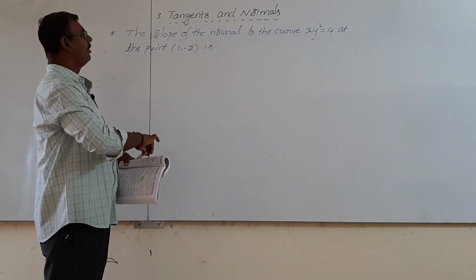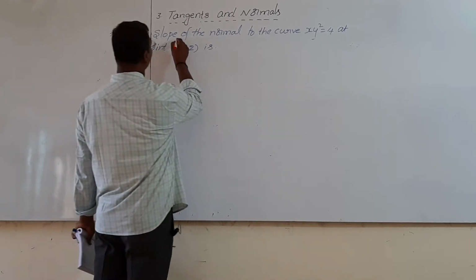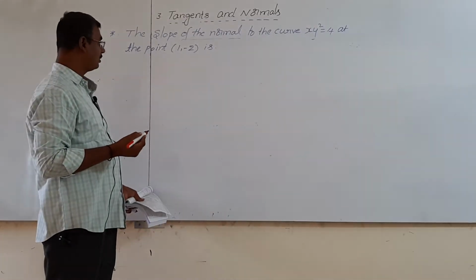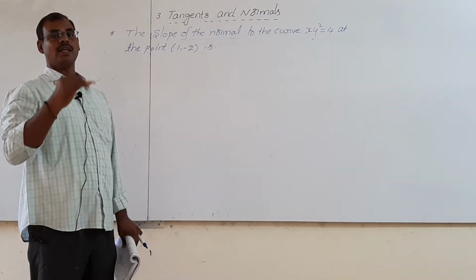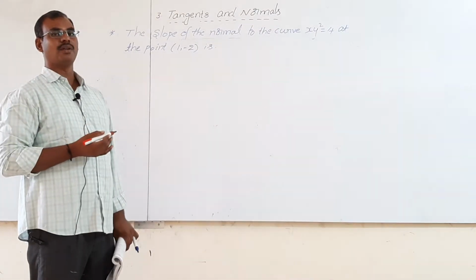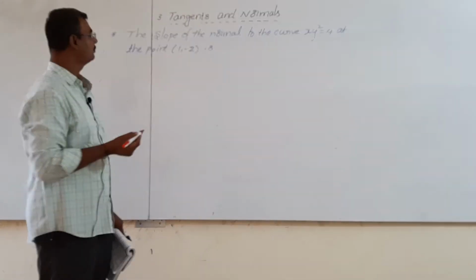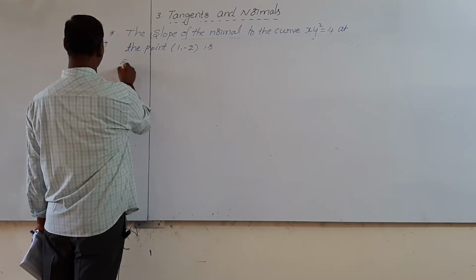Read the problem, very simple. What is he asking? Slope of the normal. Just now we finished a formula: if m is the slope of the tangent, then the slope of the normal is equal to minus 1 divided by m. So how to solve this problem?